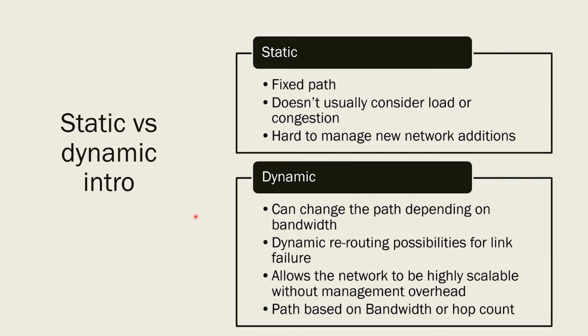In contrast, you have things like dynamic protocols, which allow you to very quickly set up the network and set up routing information. Typically, it's just identify your neighbors or identify the interfaces that you want to include in the protocol.